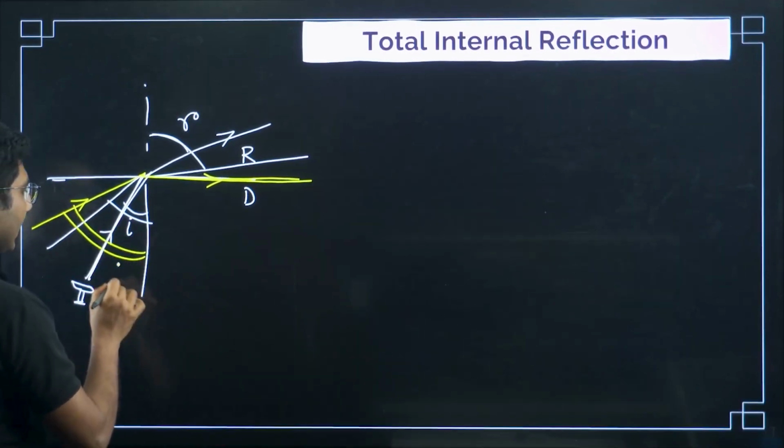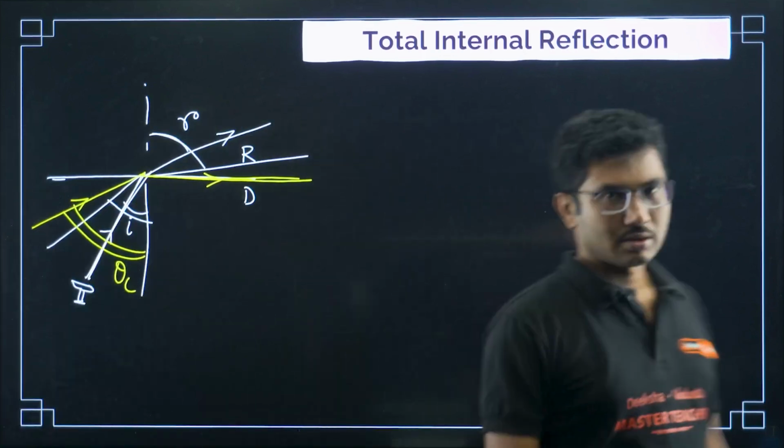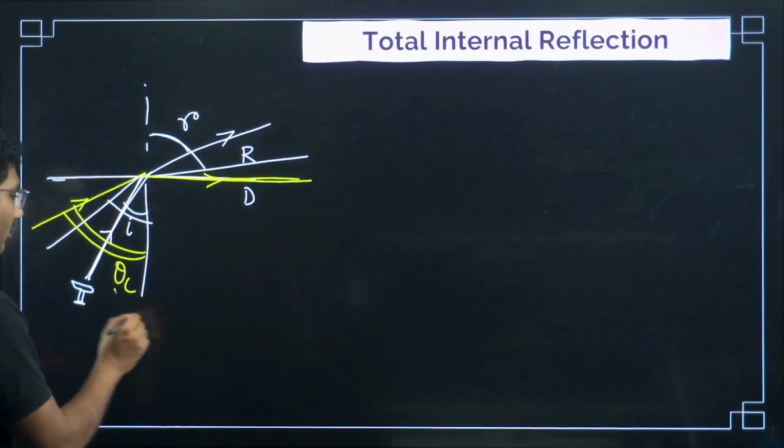This is called the critical angle and denoted by theta c, or sometimes IC. So this is the critical angle.